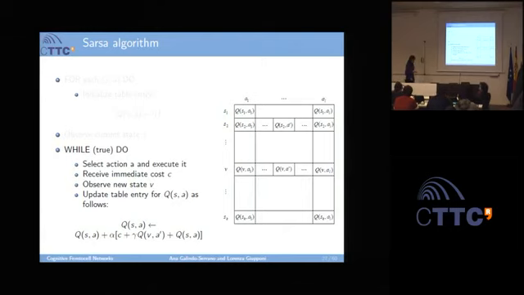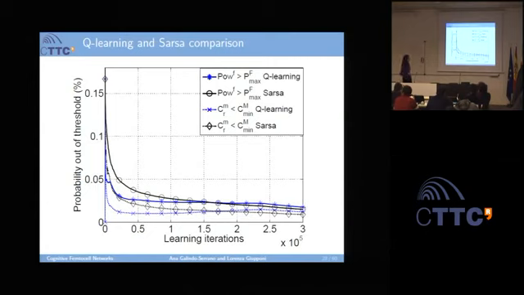Okay. So let's compare both learning algorithms. Based on the explanation we gave of the difference between both of them, here we represent the probability of being out of the thresholds for both the total transmission power and the macrocell capacity as a function of the learning iterations.